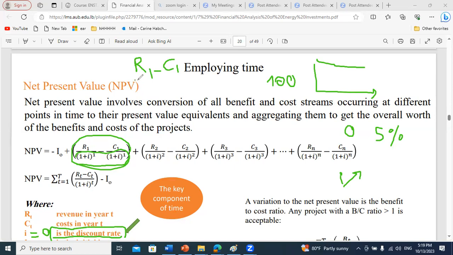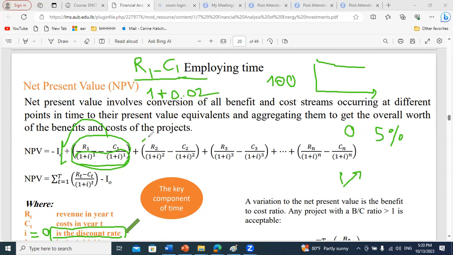So, in order to get this value back to present, I should divide R1 minus C1 by 1 plus I. I is the percentage. So if I take 2%, it's 0.02, for example. And each year I should do this.